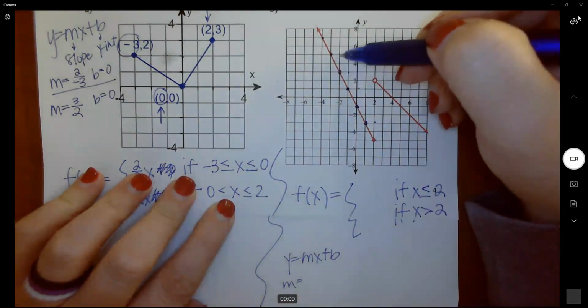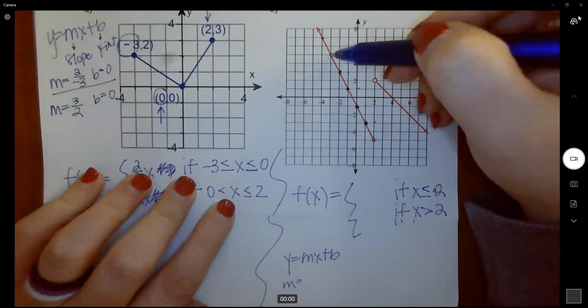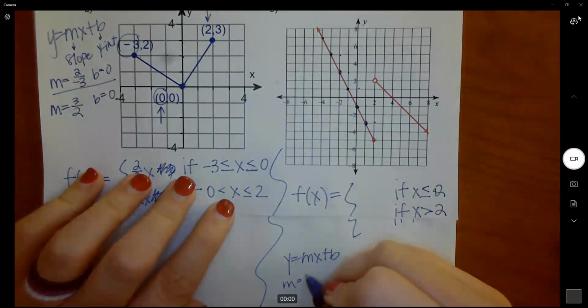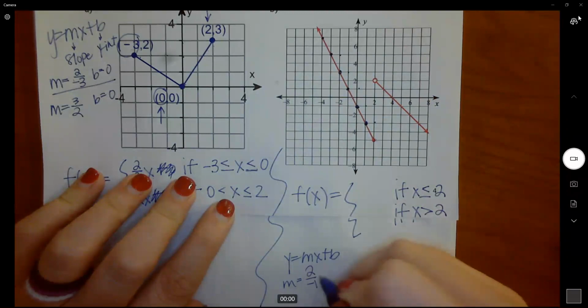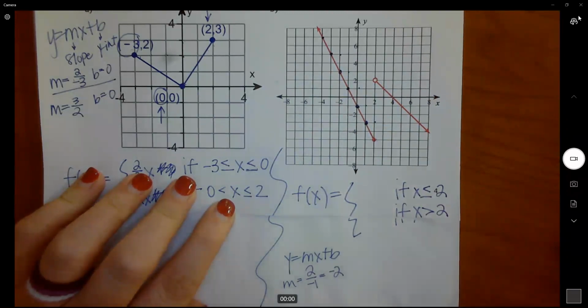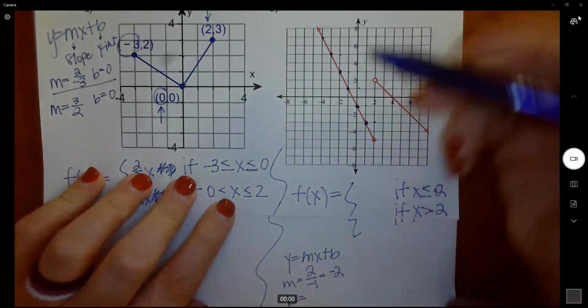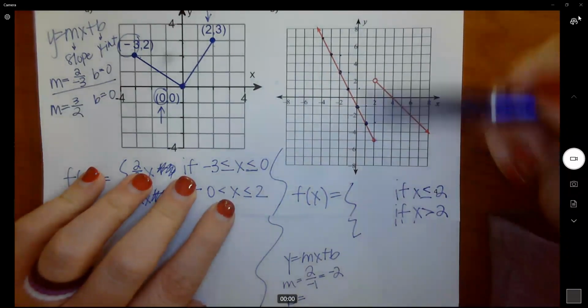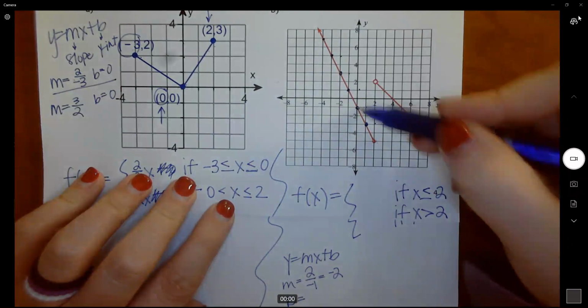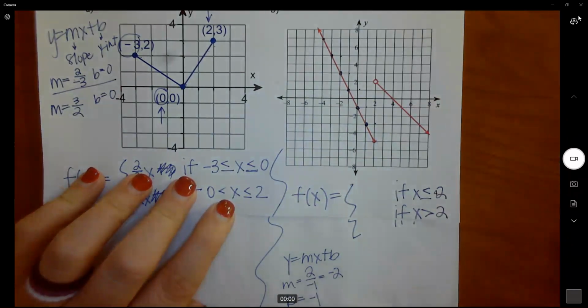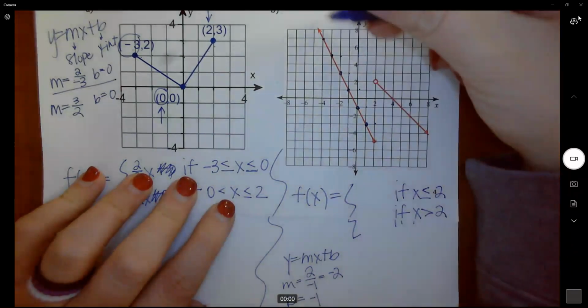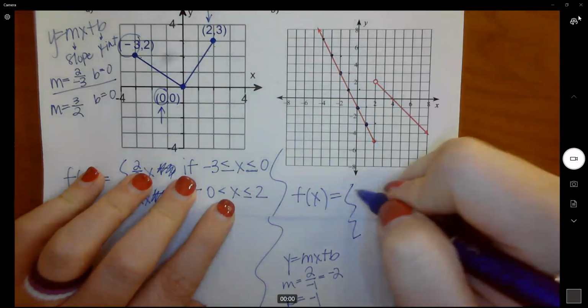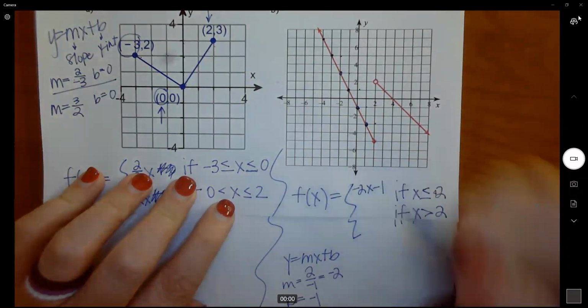So this is a positive 2 and then a negative 1. So this is 2 over negative 1, which is the same as negative 2. And then the b, or y-intercept: where is this crossing the y-axis? Right here at negative 1. So this first line here is negative 2x minus 1.